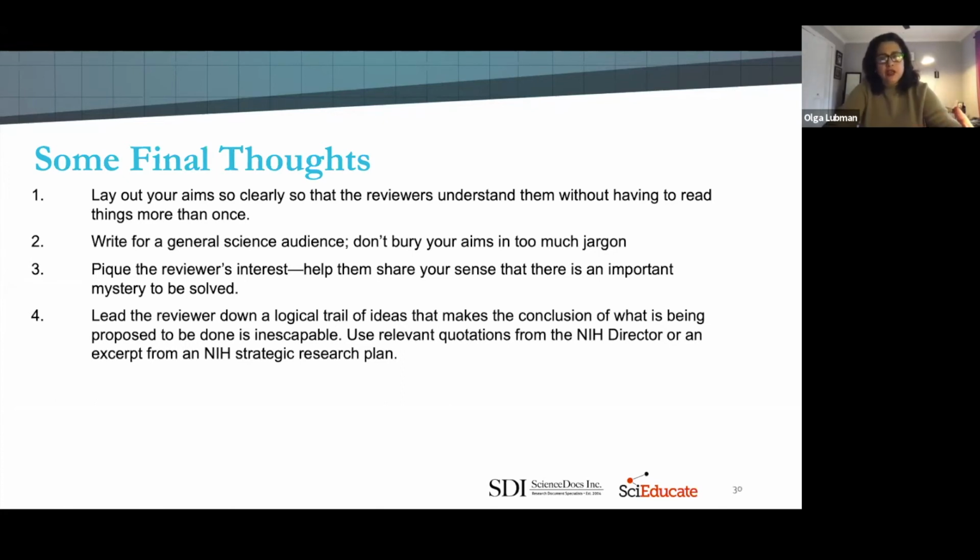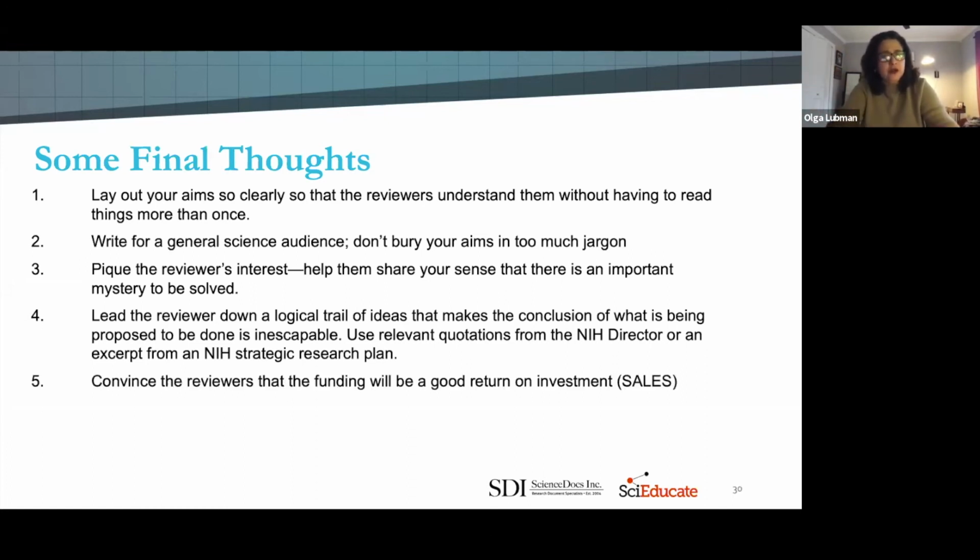So for that, you can use quotations from the NIH director or specific strategic plans from different institutes. This is where you have to make sure that you are matched up between your value proposition and your target audience. Convince the reviewers that the funding will be a good return on investment.